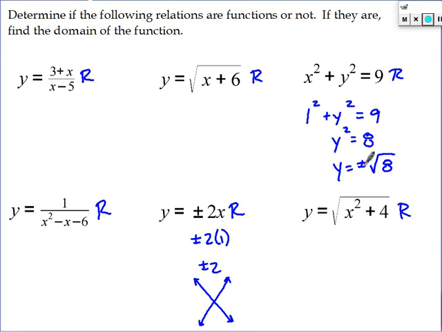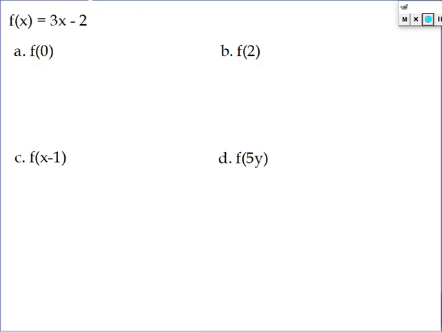Okay? The last thing we're going to do on this video is just the function notation, just finding out what these values are. Anytime you have f of something in parentheses here, we want to plug that in for x.